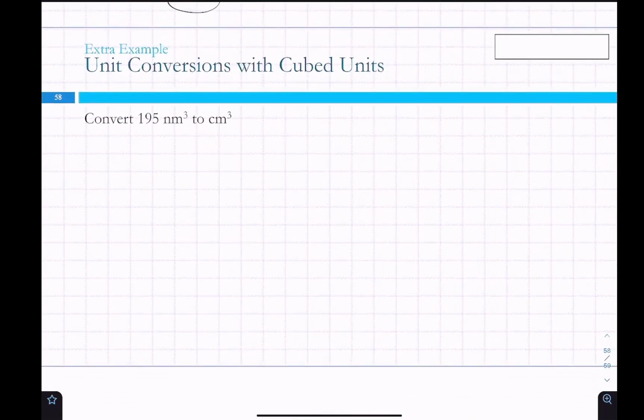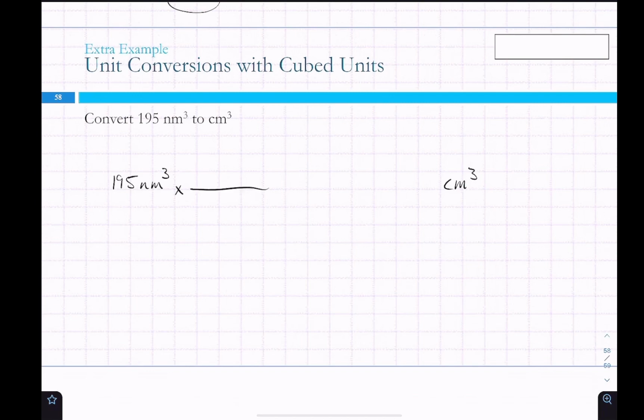Final problem here, doing some unit conversions with cubed units. Start with 195, because that's the number that we're given. That's nanometers cubed, and we want to go to centimeters cubed. So a nanometer, I believe I mentioned this one in lecture, N for nano, N for 9.